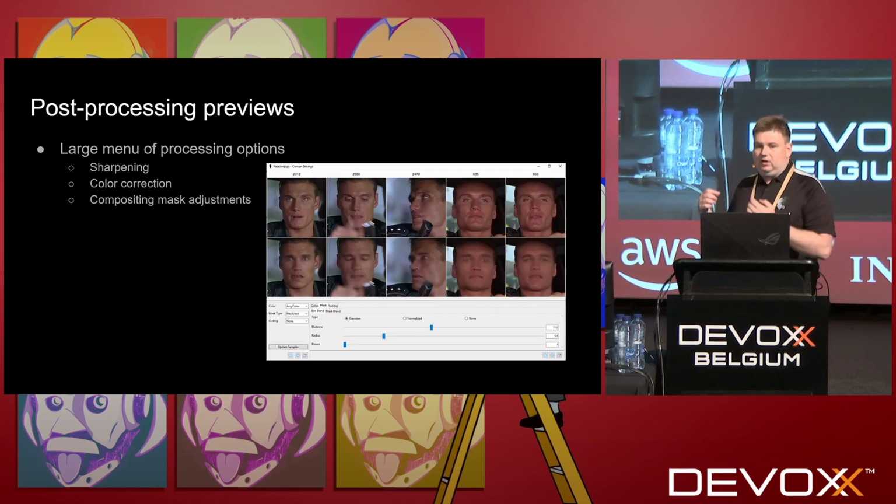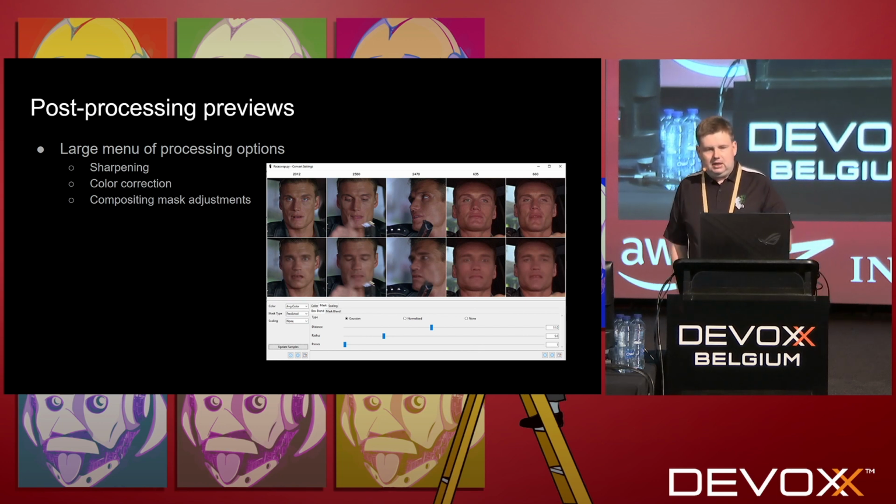But that is why we have our preview tool. So our preview tool lets you actually preview in real time the different effects from blurring, blending, different things, so that you can, on your specific data, test and see what gets you the best results live and in real time. So we have options for sharpening the image, for color correction, and even to adjust the masking and make sure that you get a good blend in between the new face and the original one.